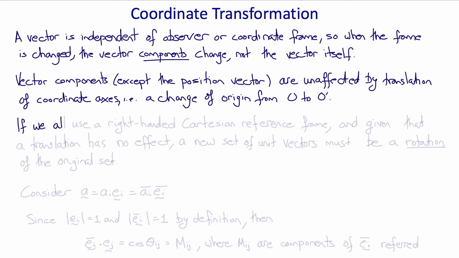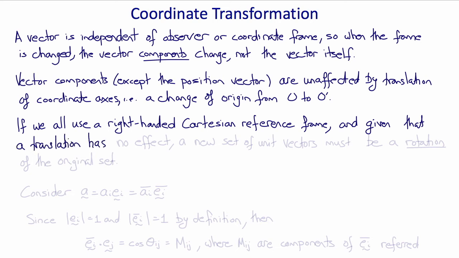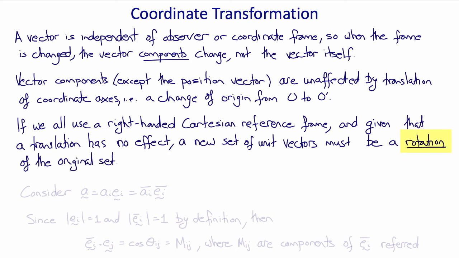Now, if all observers agree to use a right-handed Cartesian reference frame, and given that a translation of the reference frame, a change of origin alone, has no effect, then a new set of unit vectors can only be a rotation of the original set of unit vectors.